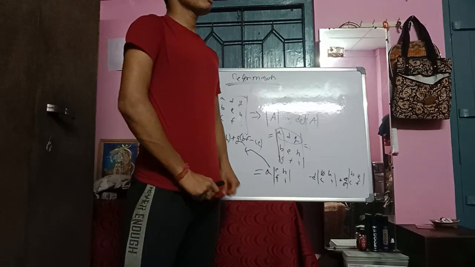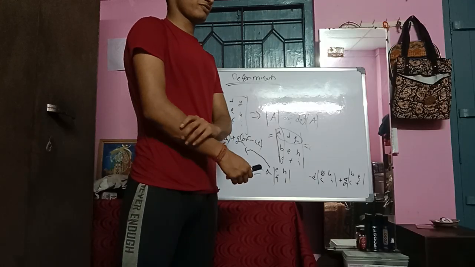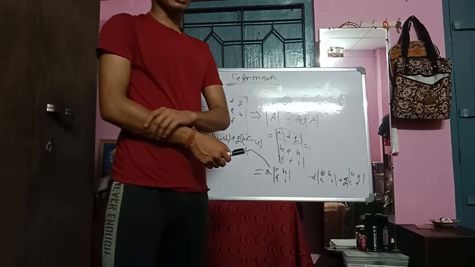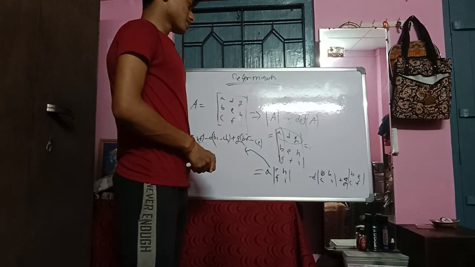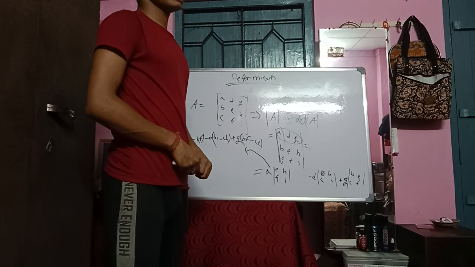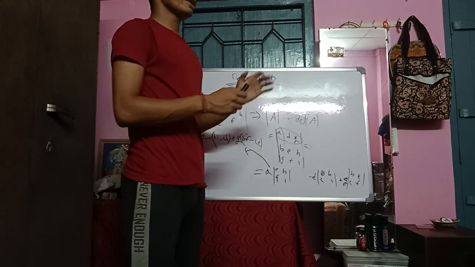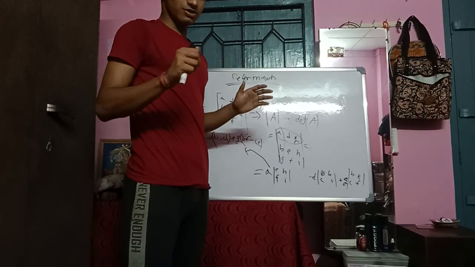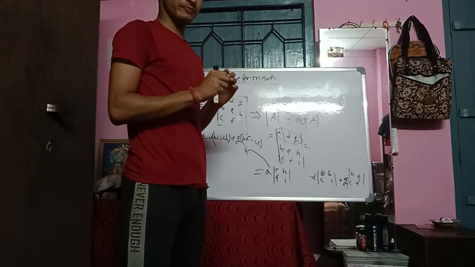I know you guys might be stuck in an ocean of doubts, like what is going on here. The thing is that matrices are linear transformations, and what that basically means is that a matrix tells you how much a space has been expanded or squished linearly.